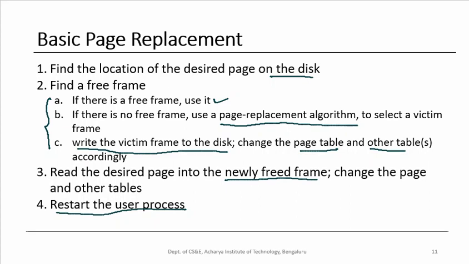Otherwise, if there is no free frame, then you will have to run the page replacement algorithm to select a victim frame and remove the page from that victim frame and write it onto the disk. Make the corresponding entries in the page table and other tables. Now one of the frames becomes free. Bring the desired page into the newly freed frame and again make the corresponding changes in the page table and other tables. Restart the user process. This is the basic page replacement algorithm.